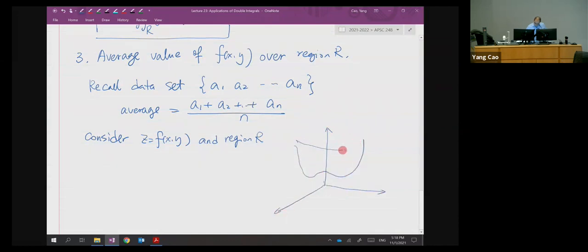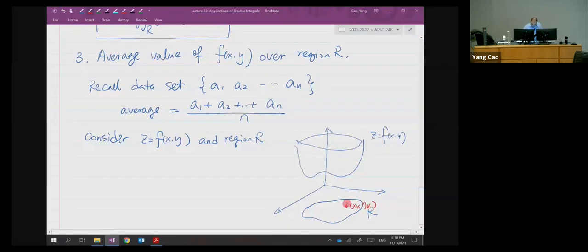Okay, so here's a surface, and here is region R. Good. So now, if I pick a point within this region R, let's call this point (xk, yk).